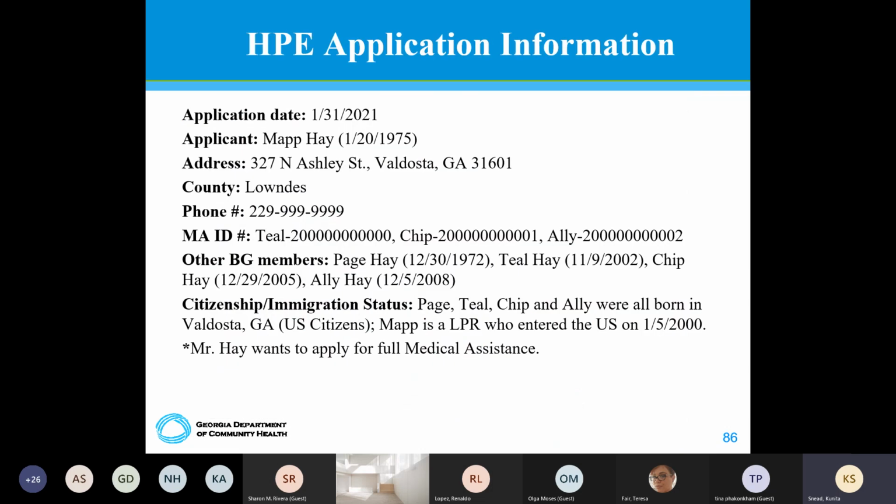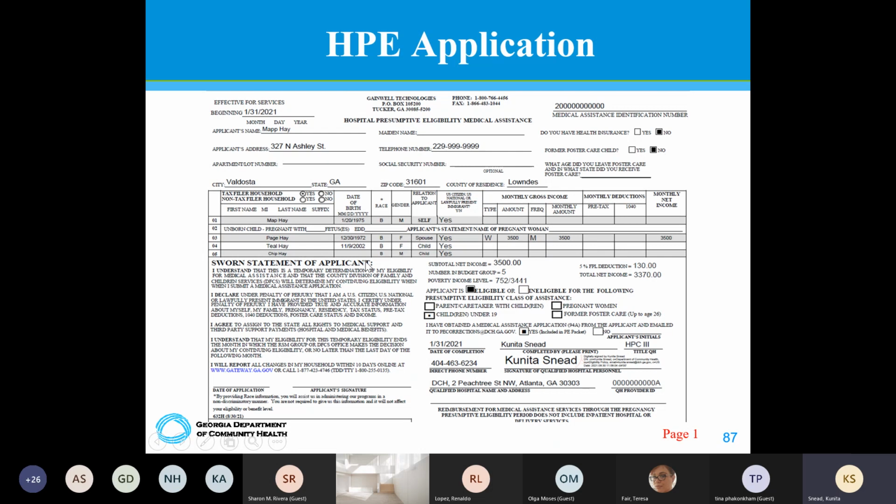His date of birth is 12/29/2005. Put his race, gender, relation, child, and U.S. citizen, yes.